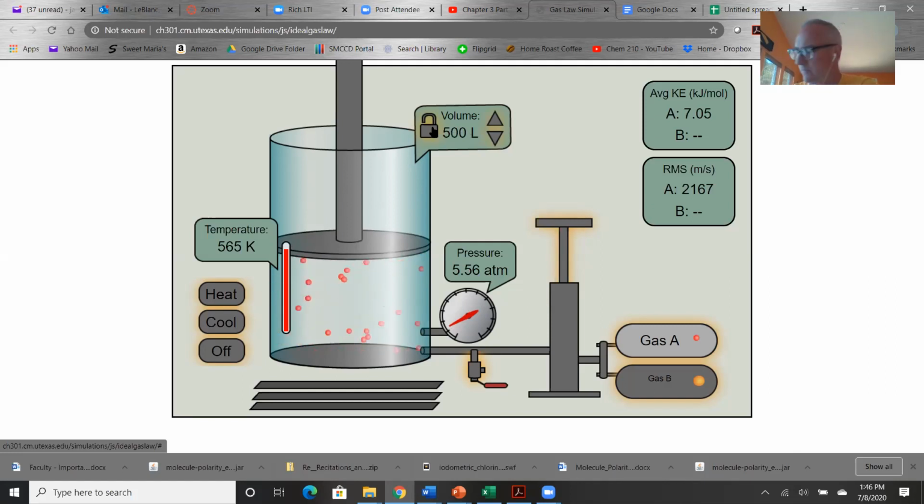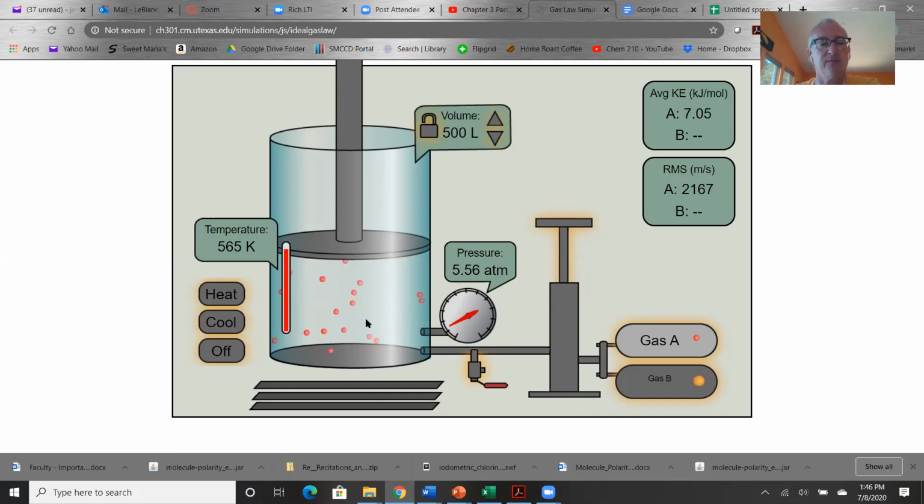Oh, and actually don't lock it in. Note whatever temperature you've got and the pressure you've got. I don't know what temperature you may have started at. I started at 565 apparently, because that was the last temperature I used.